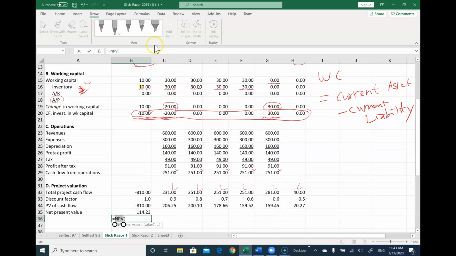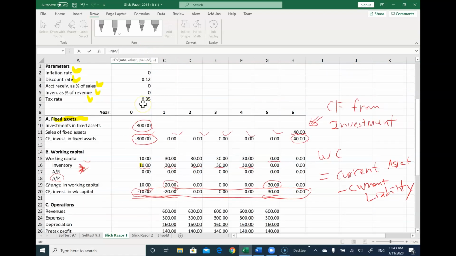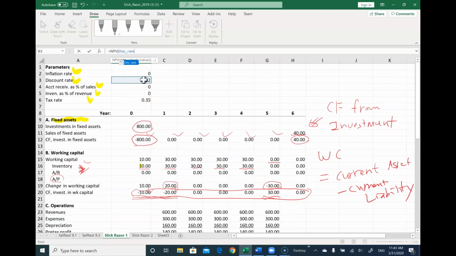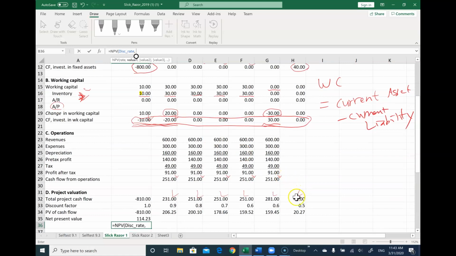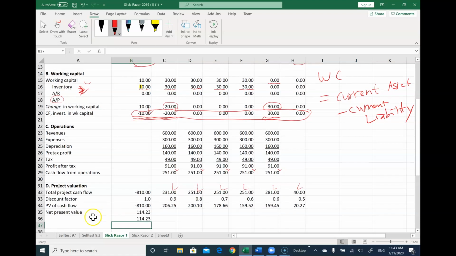So the net present value and the discount rate is here, right? 12%. And we have to highlight all the future cash flows. Right? Then we add back the initial cash outflow. So this is the net present value.